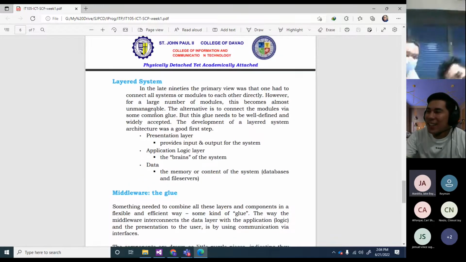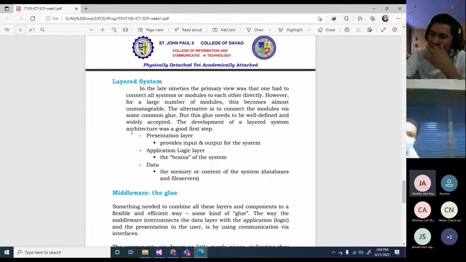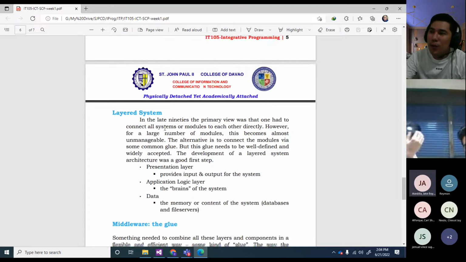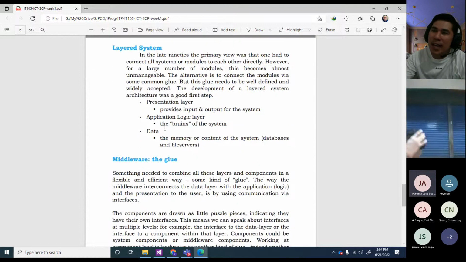And then let's have here the layered system. One of the things being implemented once we develop a system is what we call MVC, or model view controller.